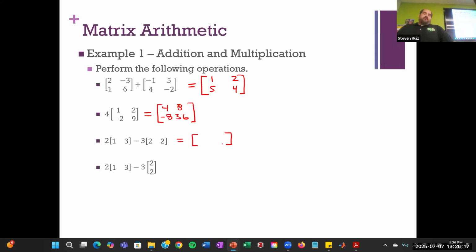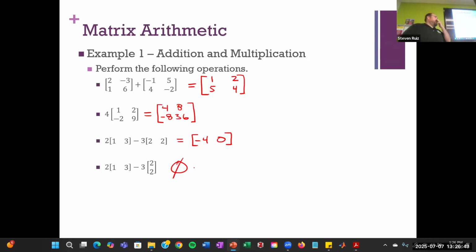All right, so what's the left entry going to be? -4. And -4, 0. And how about this last one? We're not doing it.